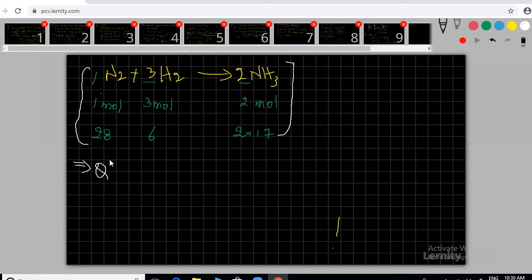Now write one question, sir. I'm giving a simple question. 5 moles of oxygen reacted with magnesium and forms magnesium oxide.